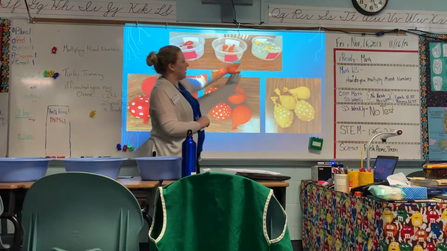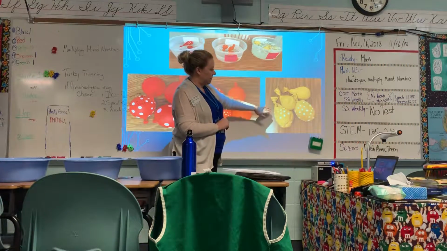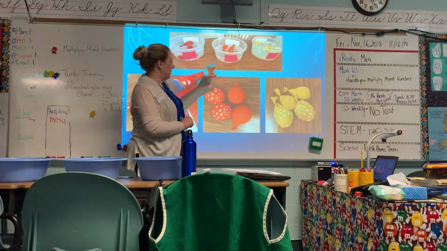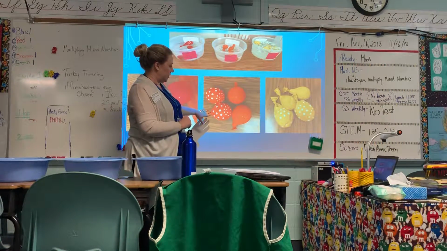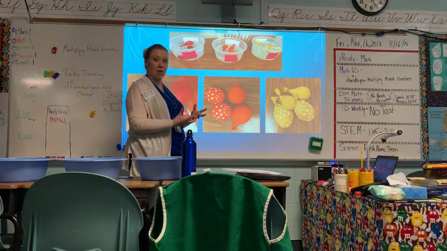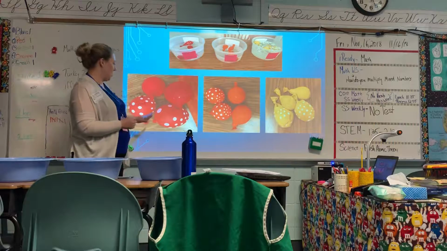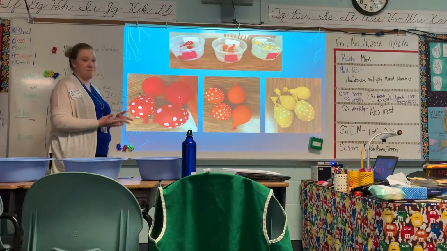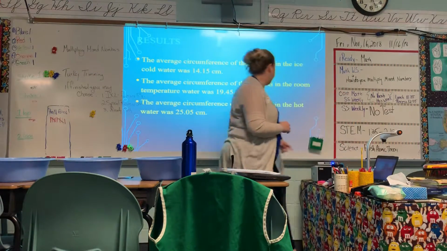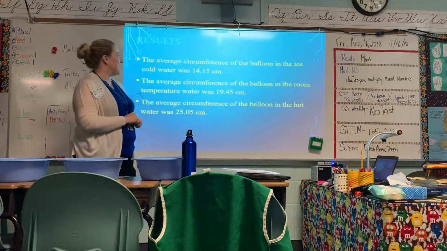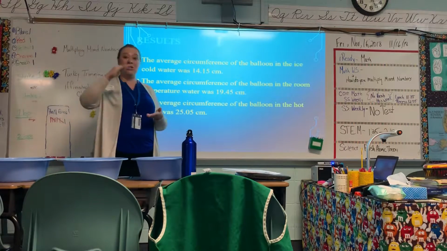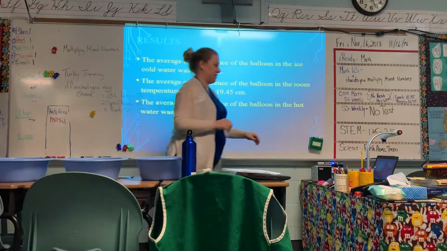When the balloons came out of the ice water, they were still deflated. In the room temperature water, the gas made the circumference of the balloon get larger. And in the hot water, the balloons became fairly large, the largest. So the average circumference of the balloon sizes increased as the water temperature increased.